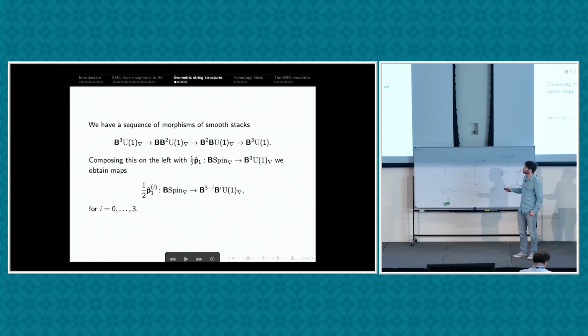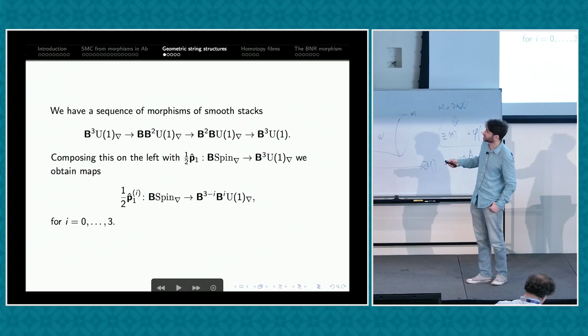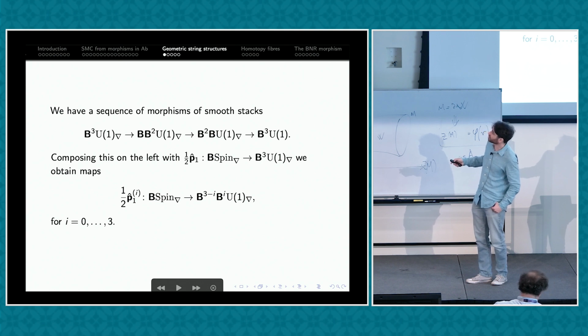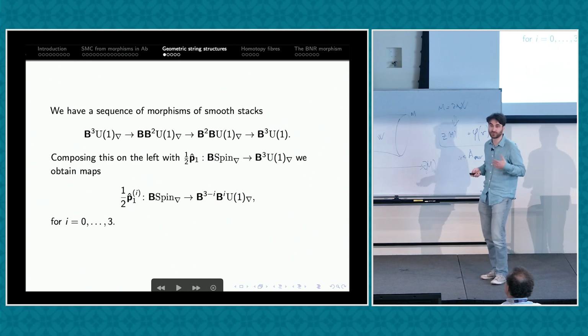And we can forget step by step the 3-form part, then the 2-form part, and then also the 1-form part, and remain just with the transition function. So we have a sequence of forgetful morphisms here, and we also have this Pontryagin class from spin bundles with connection to the first element in the series here, and composing with some of these forgetful maps, we have this sort of refined Pontryagin classes which are more or less refined.